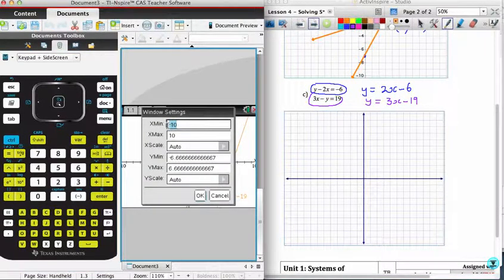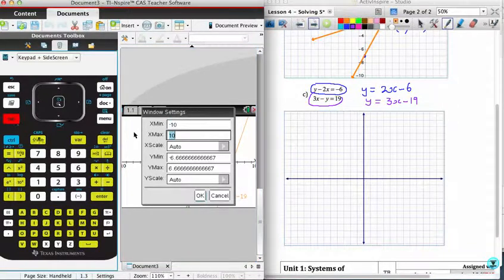This is the x value, so minus 10. What I'm going to do is tab to the next line, and I'm going to increase the x values. I'm going to move that up to 25. I'm then going to tab down. The y minimum is not going to be the problem. We can hopefully see that the graphs are moving towards each other, and they're going to intersect somewhere in the top right hand corner of my graph.